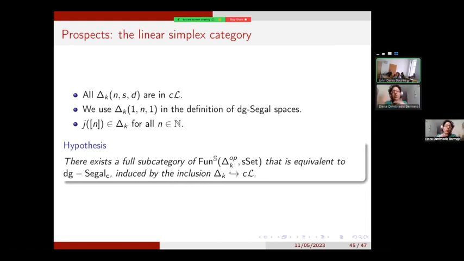So all of this makes us think that there's probably a way to define complete DG Segal spaces using only Delta_k. That will probably require quite a bit of work, but we think it would work and it would be interesting to look into, as Delta_k would be a really nice set of generators.